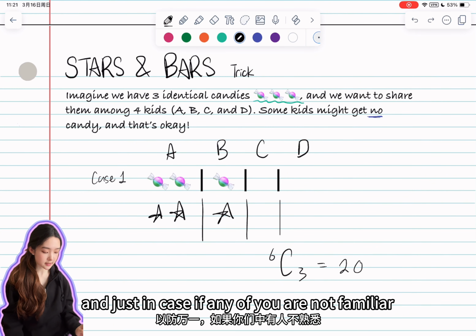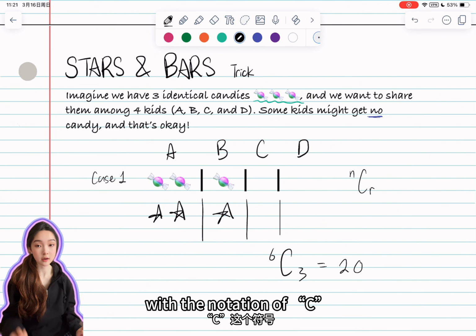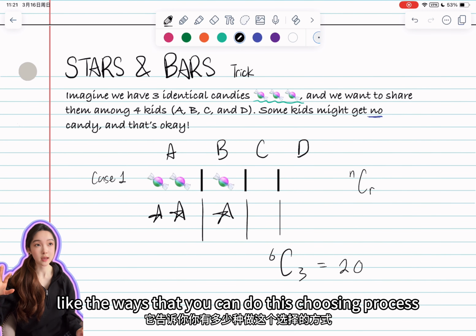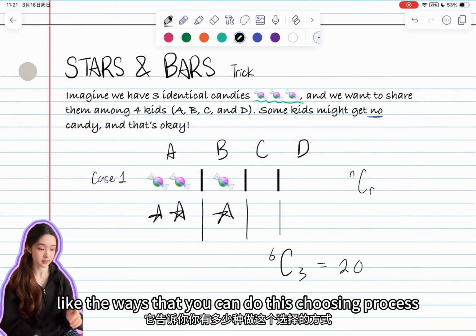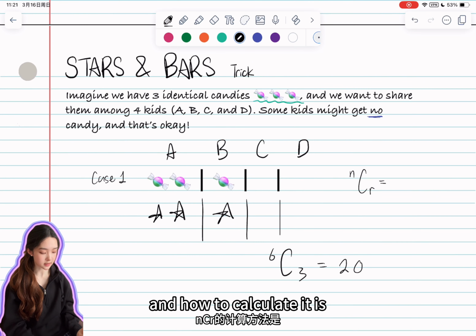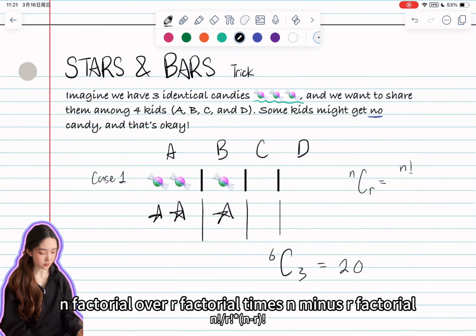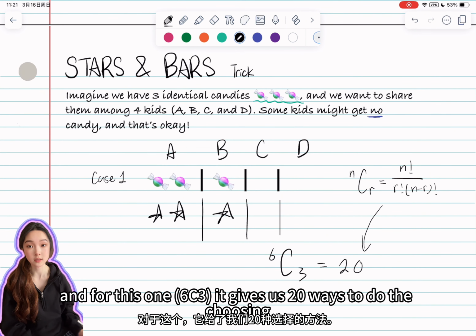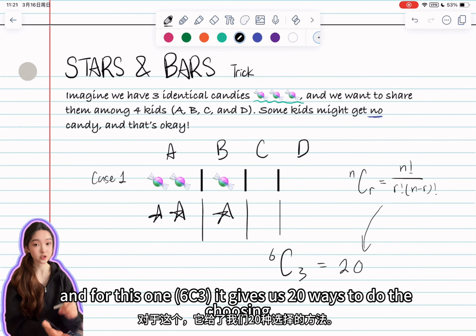And just in case any of you are not familiar with the notation, nCr means you are choosing r objects from n objects, the number of ways you can do this choosing process. How to calculate it is n factorial over r factorial times n minus r factorial. And for this one, it gives us 20 ways.